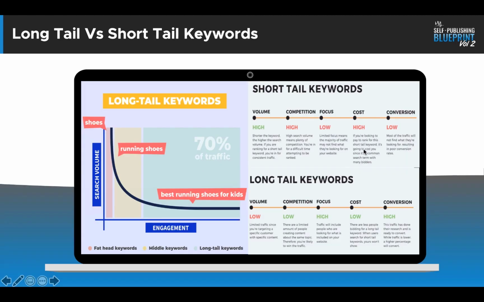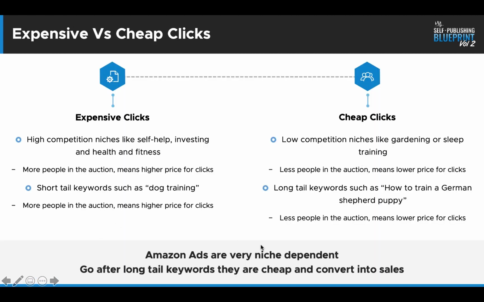Cost: if you're looking to pay to rank for this short tail keyword, it's going to cost you, since it's a common search term with many bidders. And conversion: most of the traffic will not find what they're looking for, resulting in poor conversion rates. This is exactly what I was trying to explain with dog training versus how to train a German Shepherd puppy.